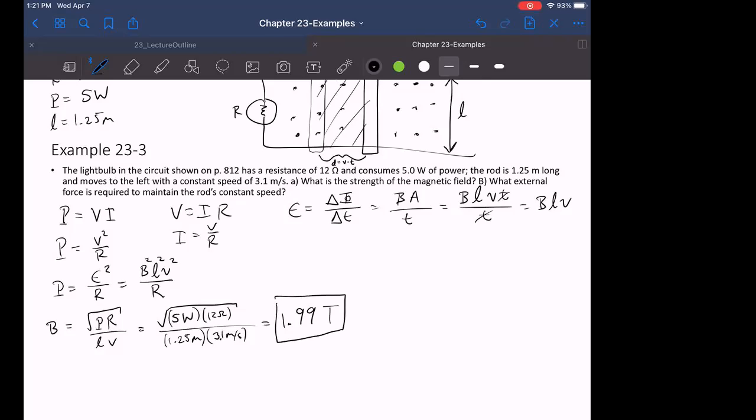We can give you that. So this is part A. Try part B. F equals B times I times L. I'm going to give you a minute. Everybody try. Even if you get it wrong, that's okay. You learn through mistakes, right?